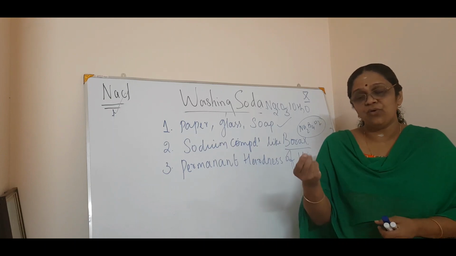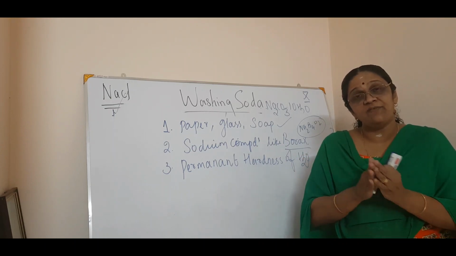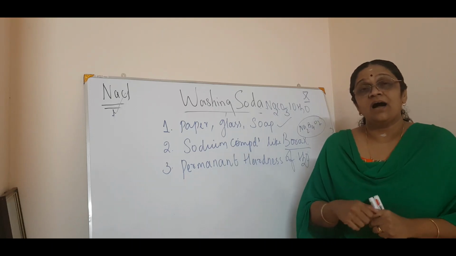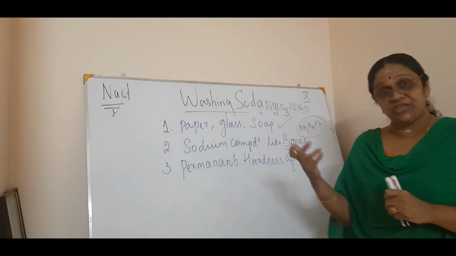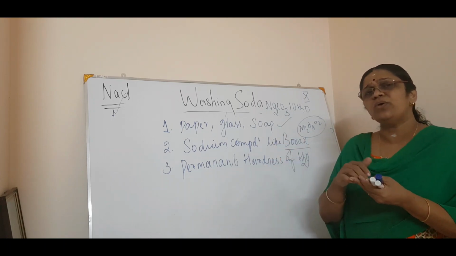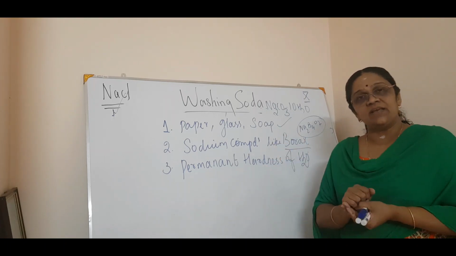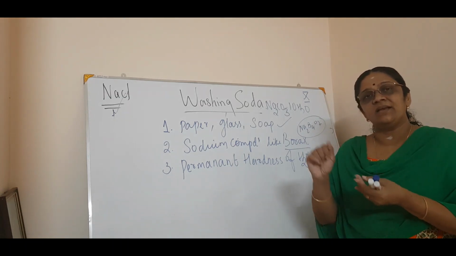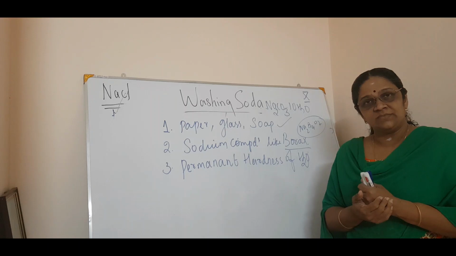That means if you put soap into it, it will form lather very easily. But hard water means the water you are getting in Chennai and Delhi. That means it doesn't make lather so easily. You have to rub and rub so much to get a little lather or foam.